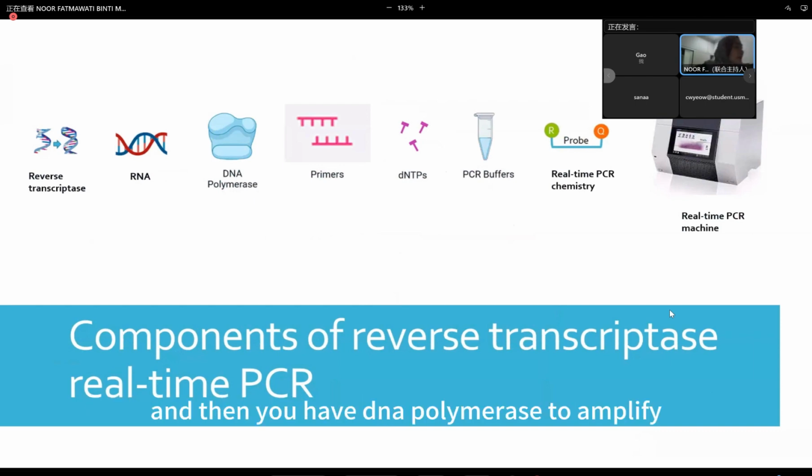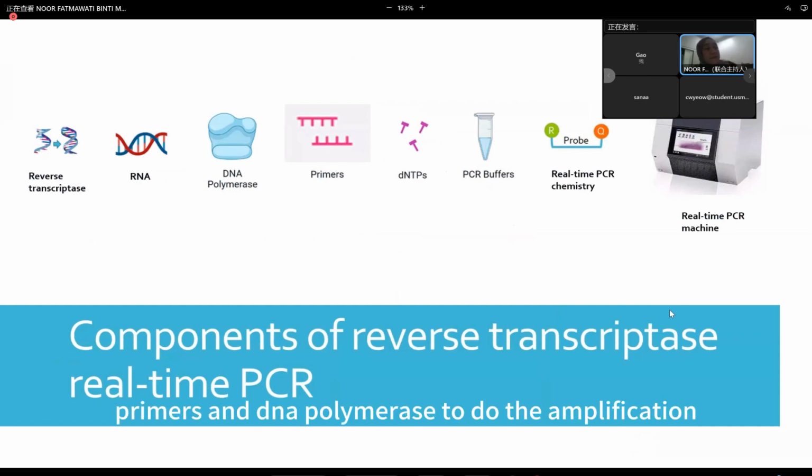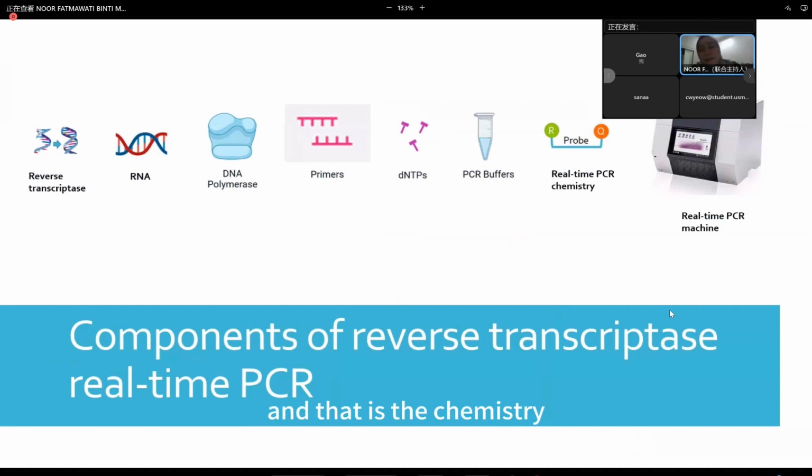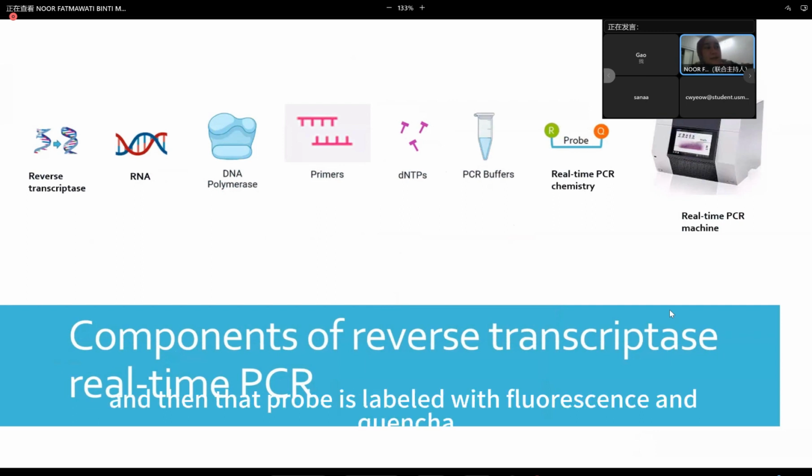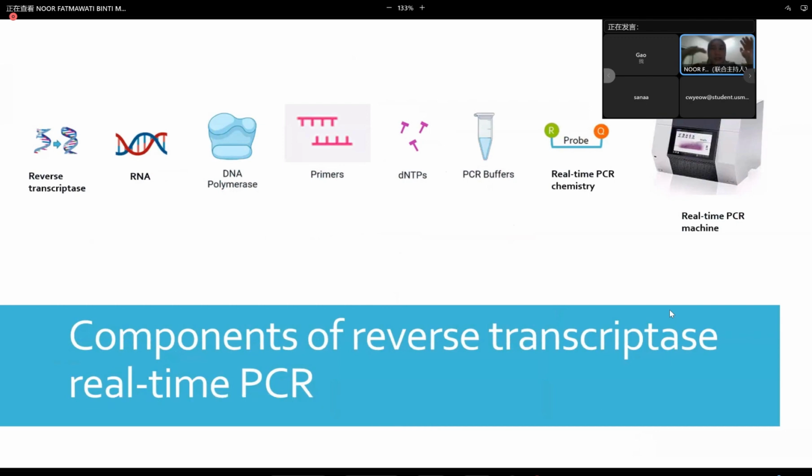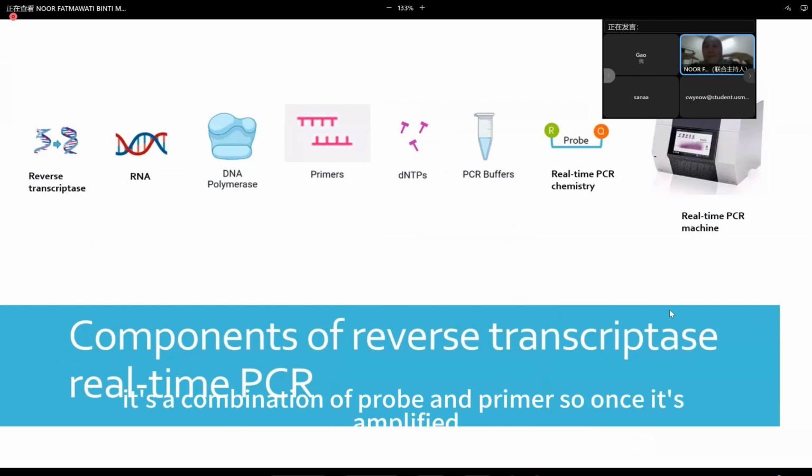Then you have DNA polymerase to do the amplification with the primers. Then you have the NTPs and buffers. And that is the chemistry, the fluorescence. That's the probe, and that probe is labeled with fluorescence and quencher. Then you have another part, which is the primer. That's why it's a combination of probe and primer.